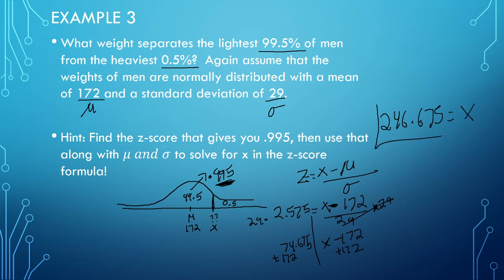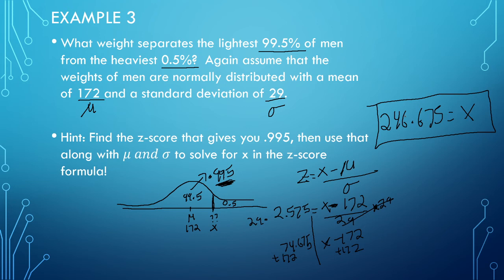And this would be the weight that separates the heaviest 0.5% from the lowest 99.5% of men. So I'm just going to round it up to 247. If you weigh 247 pounds, that basically means you're in the 99th percentile of heaviest men. You're heavier than 99% of the other men that were evaluated using the standard here.